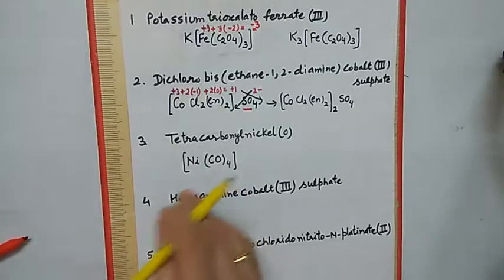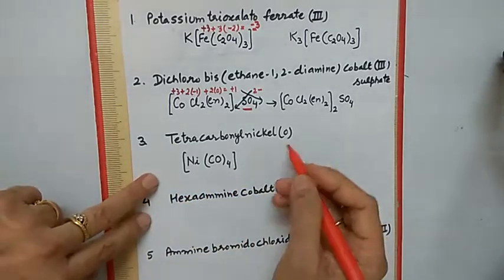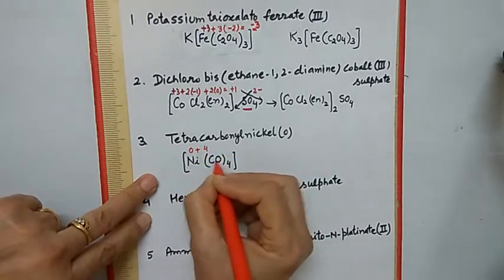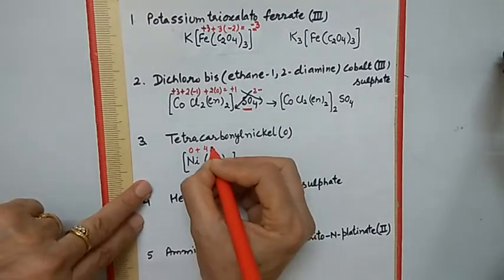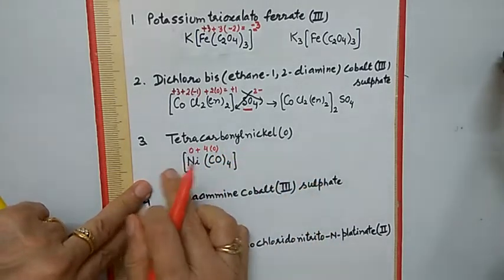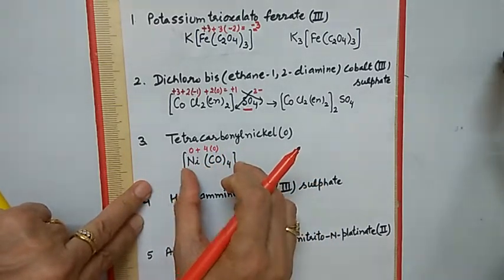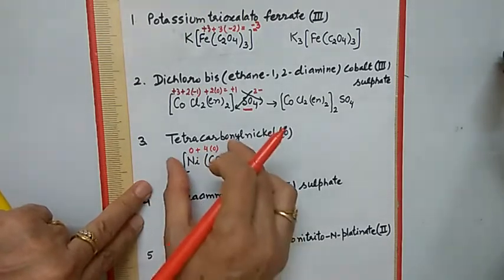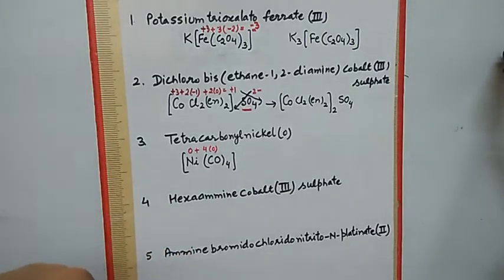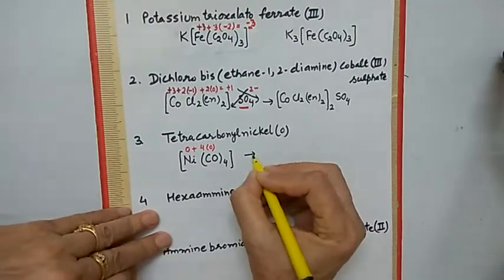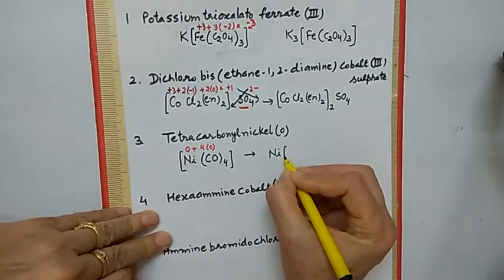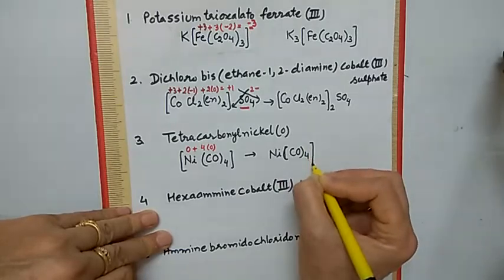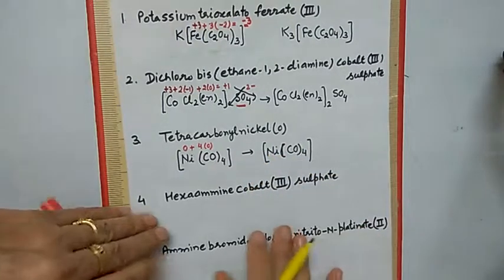The oxidation state of nickel given is 0, plus 4 times the charge on carbonyl. Carbonyl is a neutral ligand, so 4 into 0. So the whole complex is neutral. It is not carrying any charge. Nickel is in 0 state, carbonyl is also 0, so no charge on nickel carbonyl. So the formula is [Ni(CO)4], whole kept in bracket.